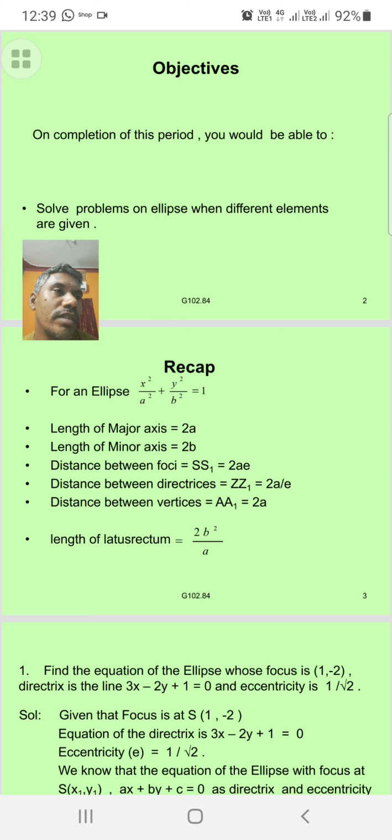If you get the foci, then you know the center value. So this is the method to find the equations of the ellipse based on given elements.